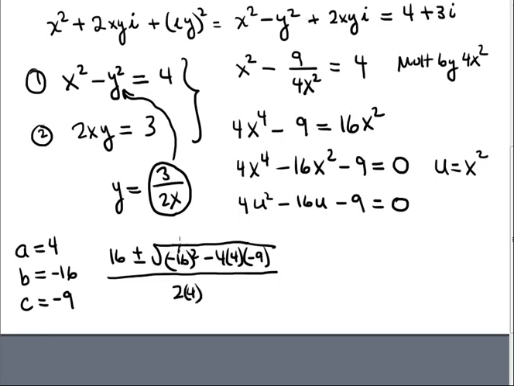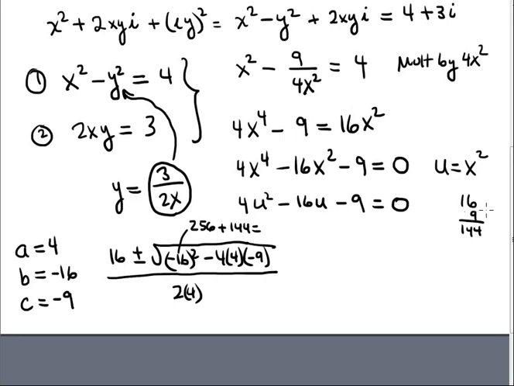Okay, 16 to the 2nd power is 256. And 4 times 4 is 16, times 9 is 144, plus 144.